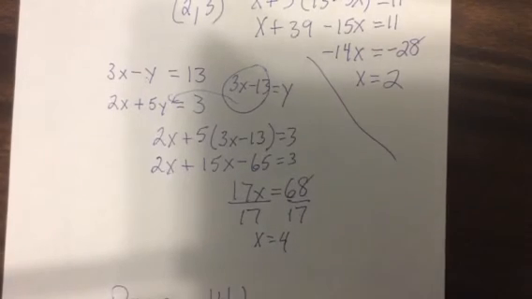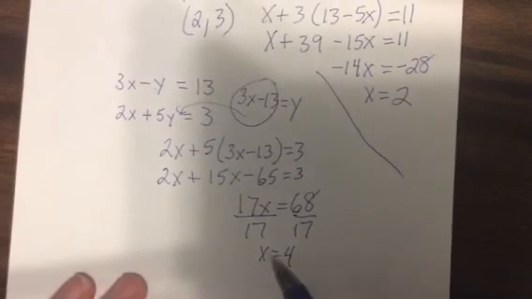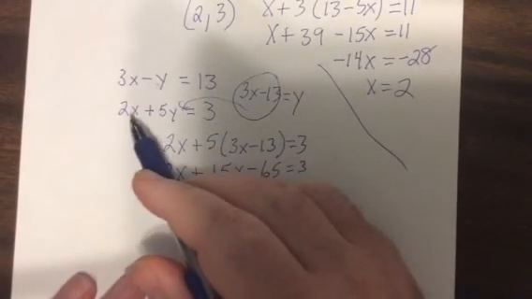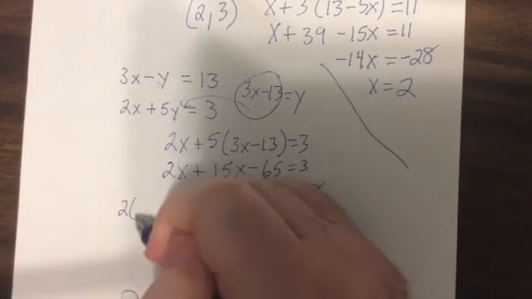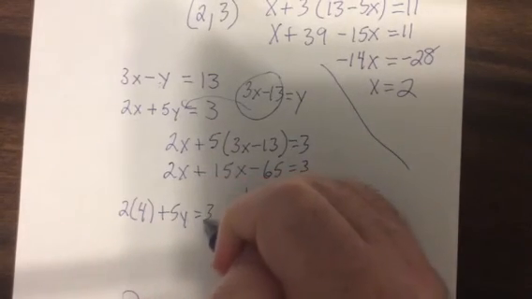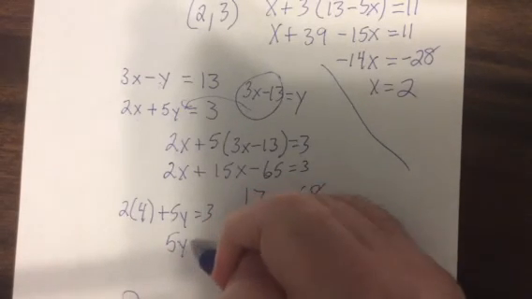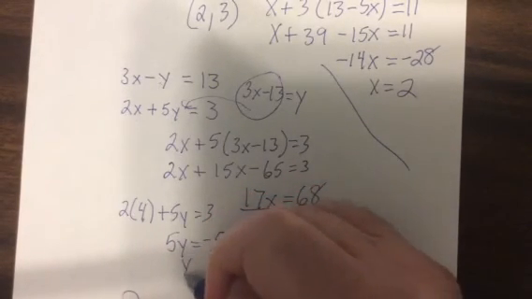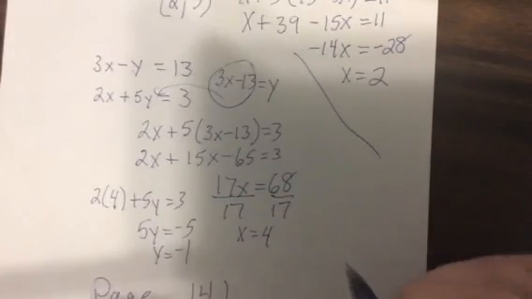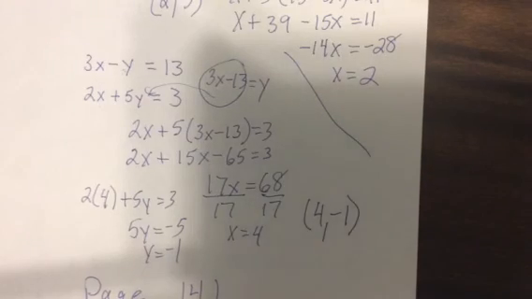I thought it was going to be a nasty fraction. I was getting a little nervous. So then put that back in. I'm going to put it in here. 2 times 4 plus 5y equals 3. So that's 8. Subtract 8. 5y equals negative 5. So y equals negative 1. So it's (4, -1).